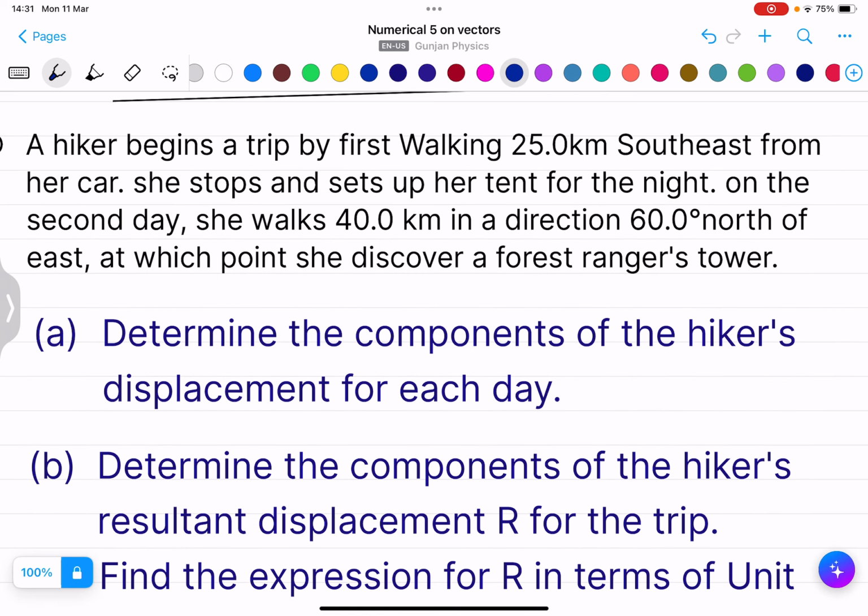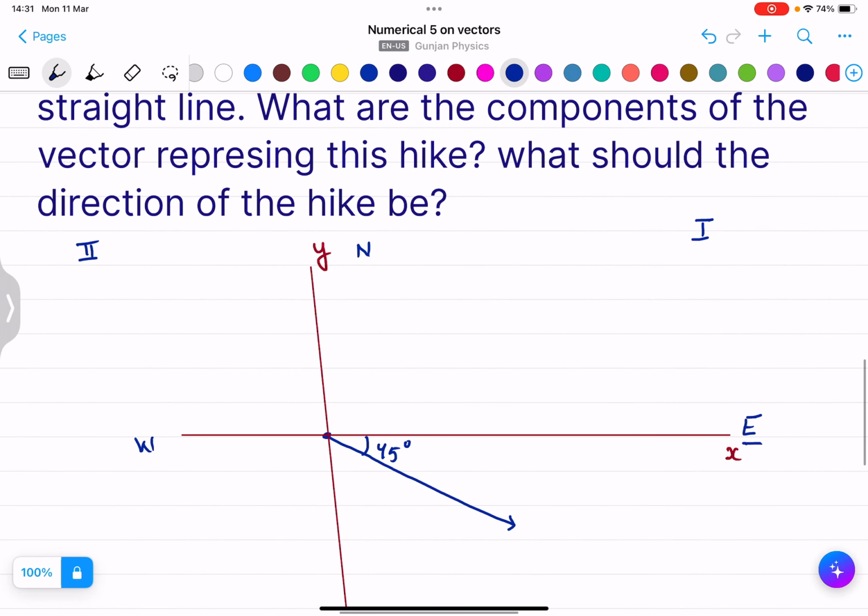Next is, she stops and sets up her tent for the night. On the second day, she walks 40 kilometers in a direction 60 degrees north of east. So now we need to go north of east. That means I need to go in the first quadrant from the head of the first vector. Let us say the first vector is A vector, and which is 25 kilometers. Okay. Now it is going in the northeast direction here.